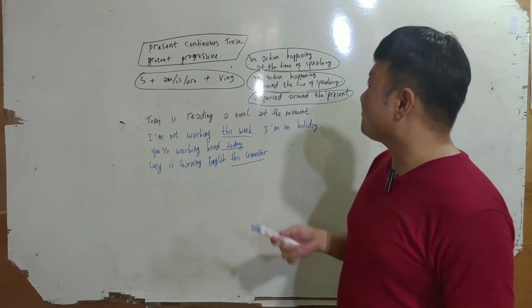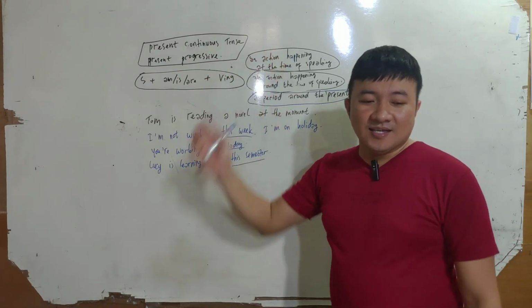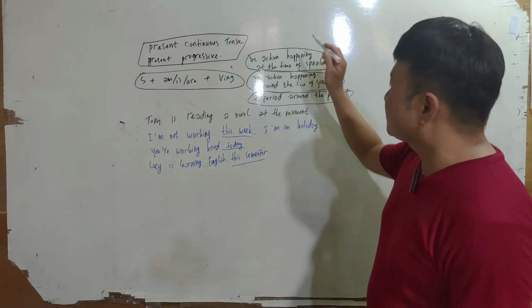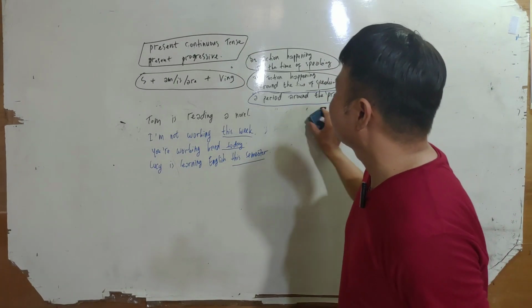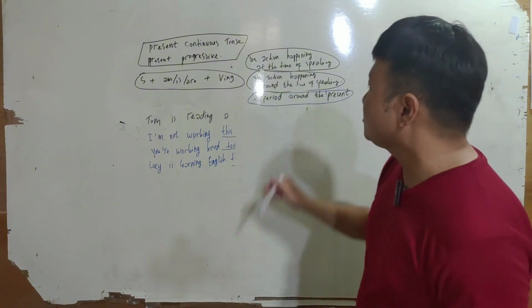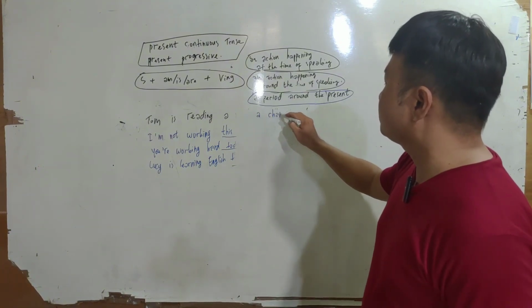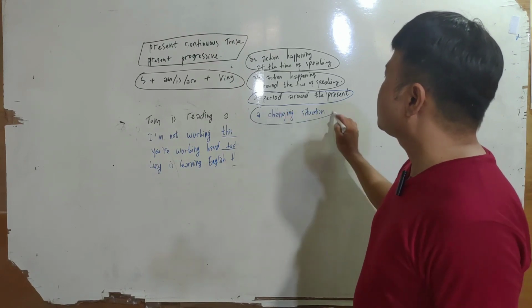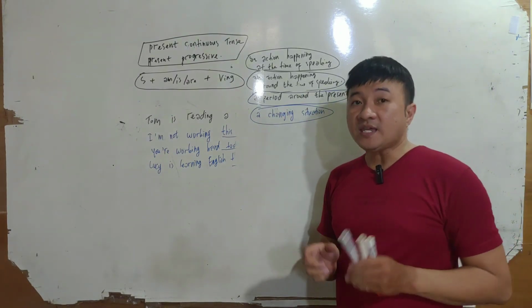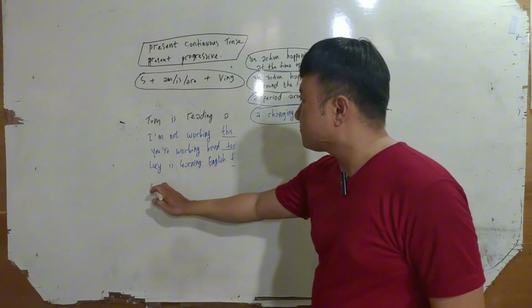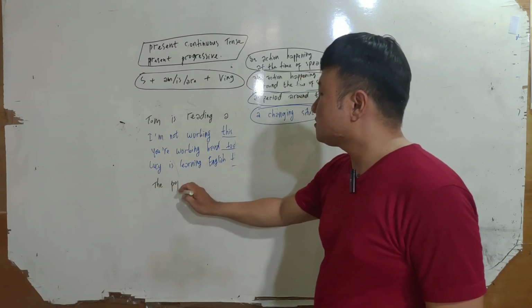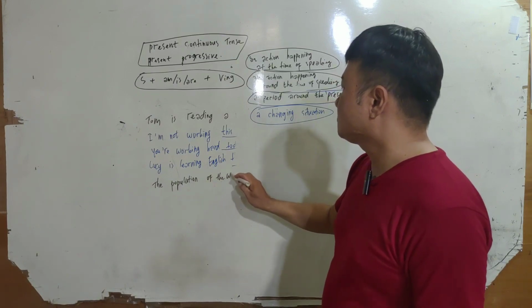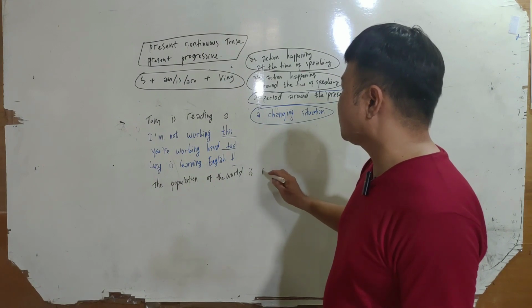Now, is there any other function of this tense? Yes, we can also use the present continuous tense to talk about a changing situation. So I'm going to erase it again. A changing situation. So, for example, the population of the world is rising.